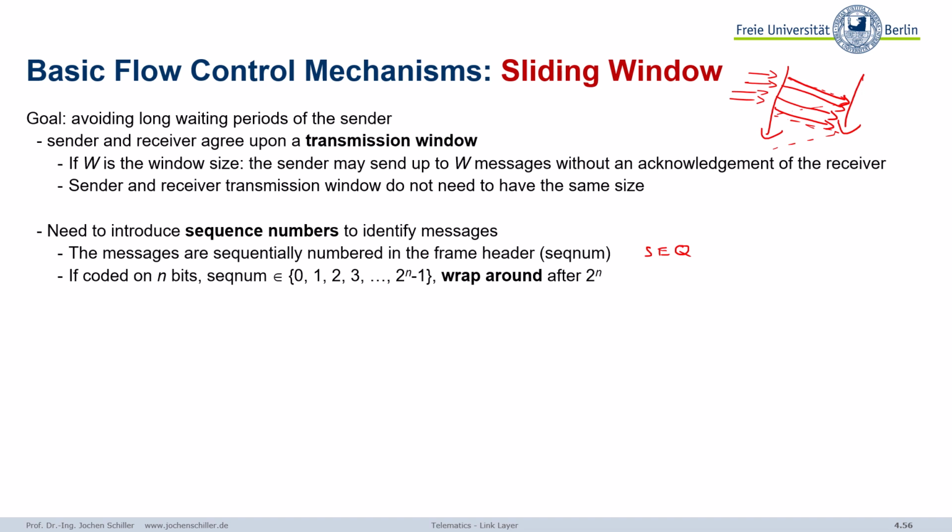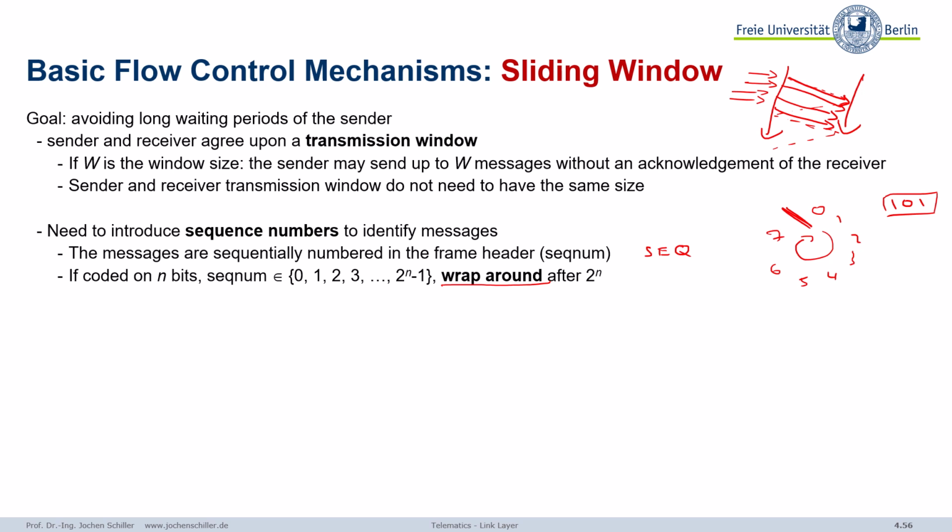And what's quite important, sooner or later you will get a wraparound. Because you can imagine you start with 0, 1, 2, 3, 4, 5, 6, 7, and that's it, if we only use 3 bits, for example, as a sequence number. Then we wrap around here and restart with 0. That's just an example. This has certain consequences.